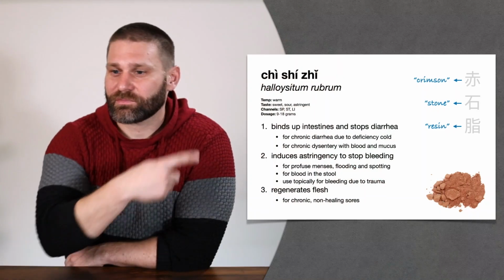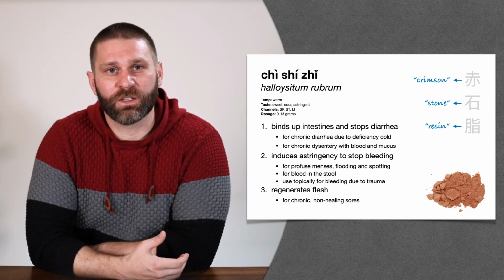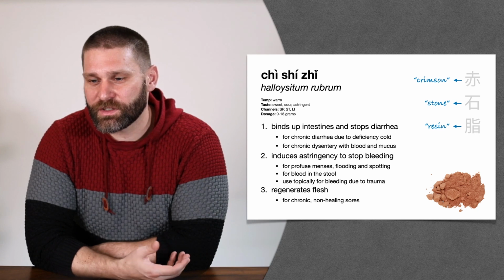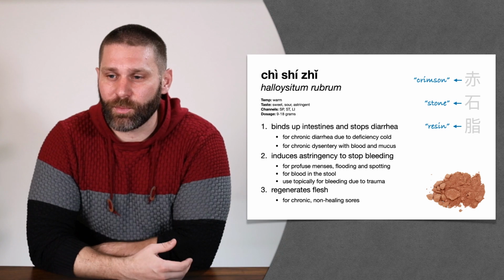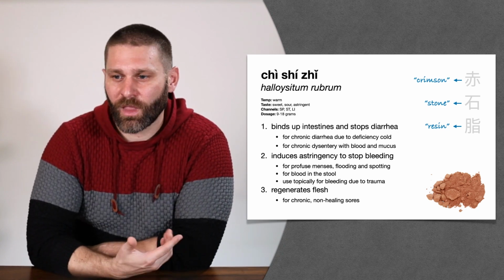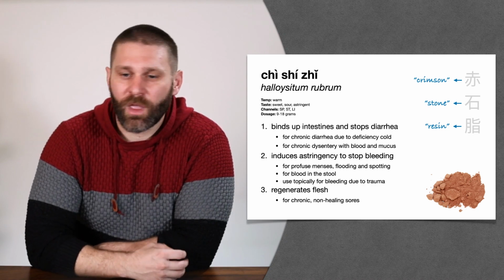But here, chi means red. Shi means stone, like we saw with Shi Gao, which means stone paste, or Hua Shi, which means slippery stone. So that's a common thing that comes up. Shi means stone. So red stone resin.